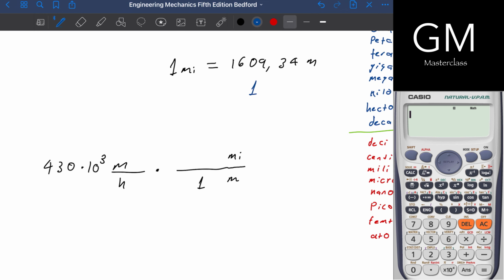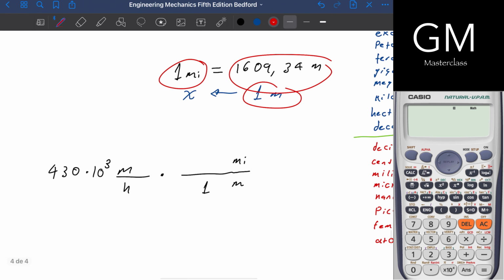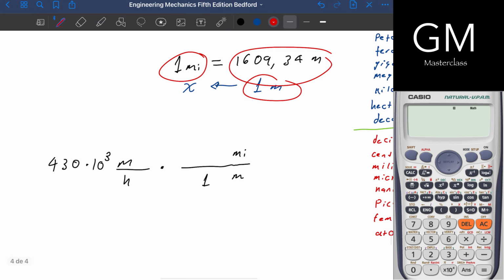So 1 meter is equal to what amount of miles? I just have to multiply this with this and divide the result by this. So the result is 1 divided by 1,609.34.